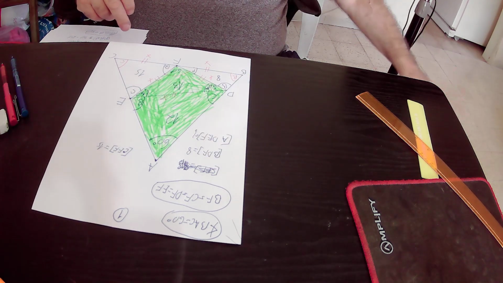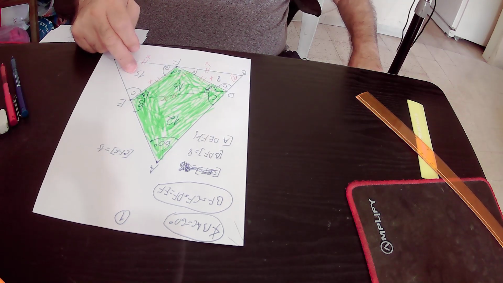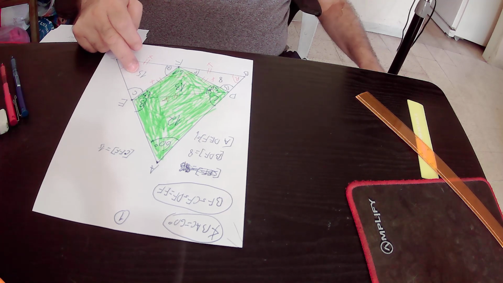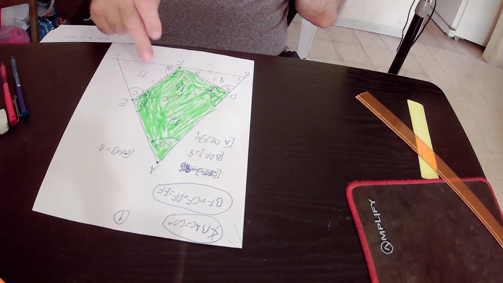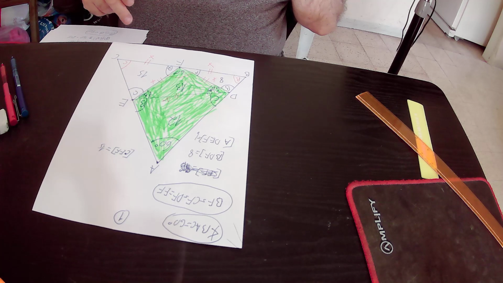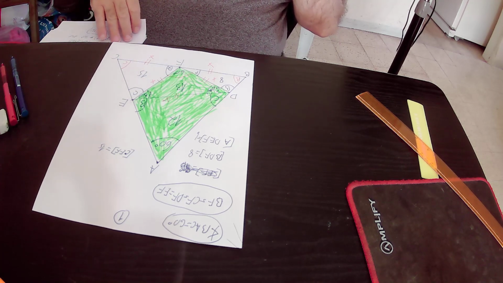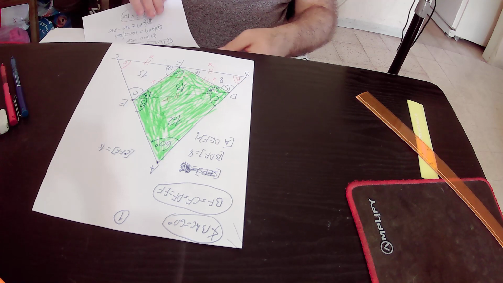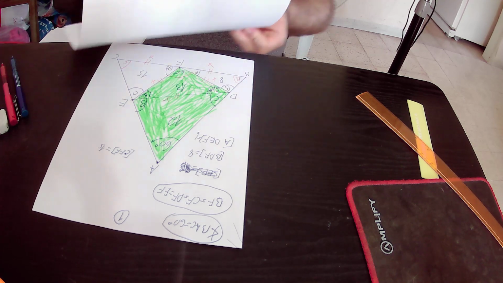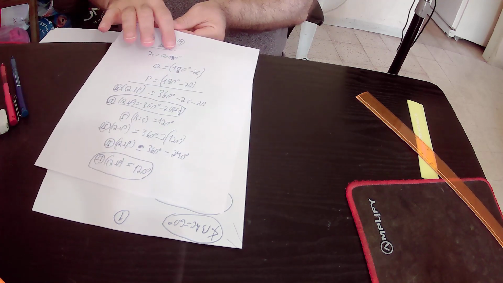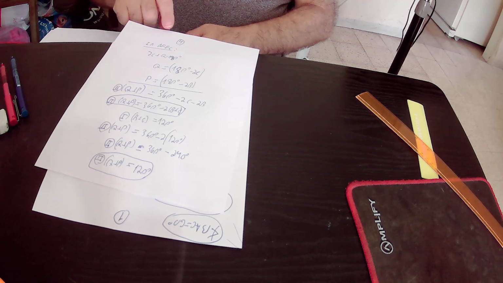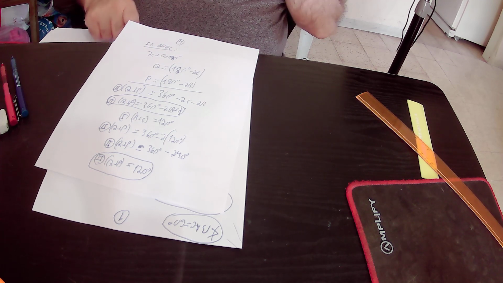Then we focused on triangle EFC, and again the sum of the angles in triangle EFC equals 180 degrees. That is to say, C plus C plus Q equals 180 degrees, or in other words, 2C plus Q equals 180 degrees in triangle EFC.